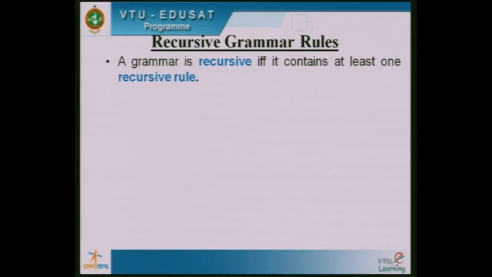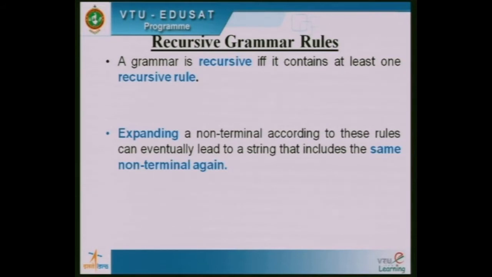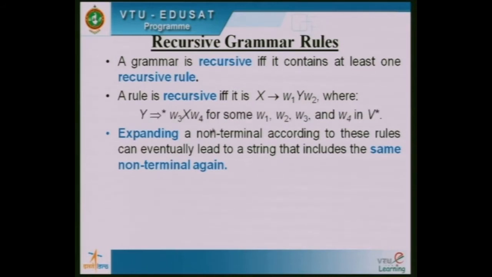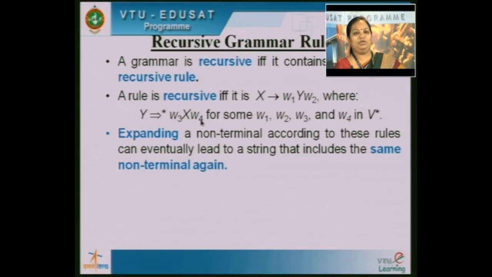What do we mean by a recursive rule? Expanding a non-terminal according to these rules can eventually lead to a string that includes the same non-terminal again. The rule is recursive if X tends to w1 Y w2, where Y derives w3 X w4, where w1, w2, w3 and w4 belong to V star.